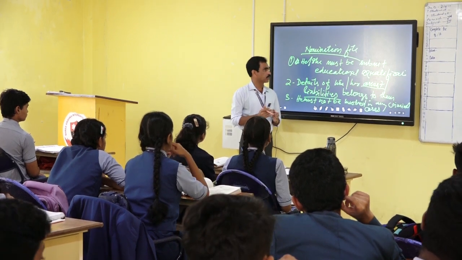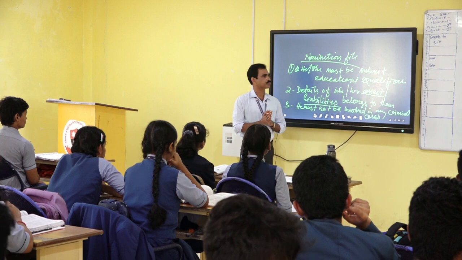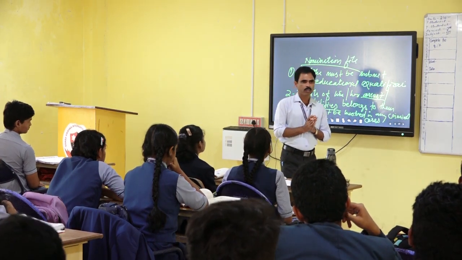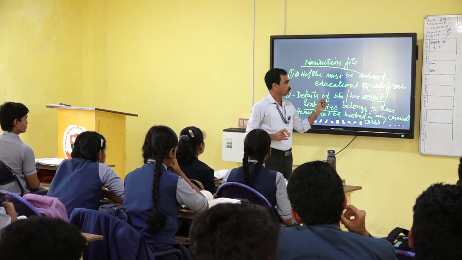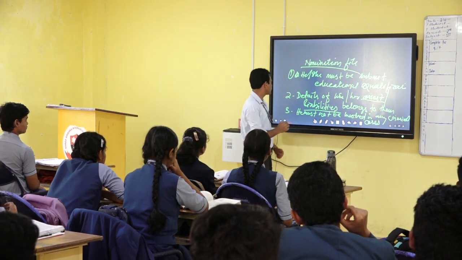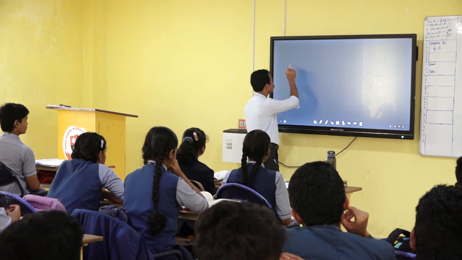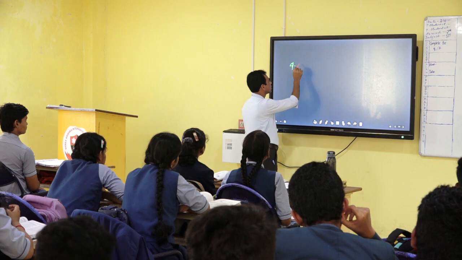Clear? When a candidate is going to contest in an election with the support of any political party, they have to submit their records. And the fourth thing, what do they have to give?